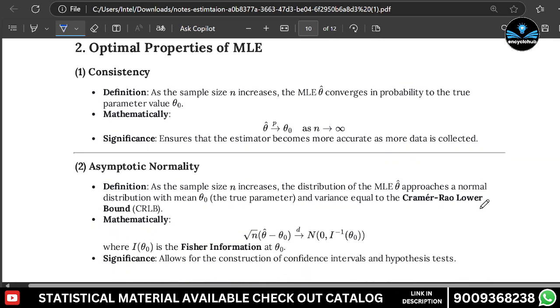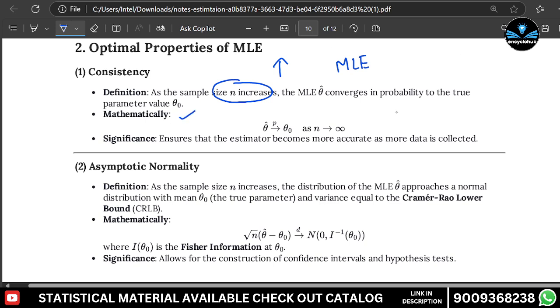The first property is consistency. Consistency says that when the sample size increases, the MLE converges in probability to the true value. Suppose that I have more samples, so my value will be correct, or it will converge in probability to the true parameter value.